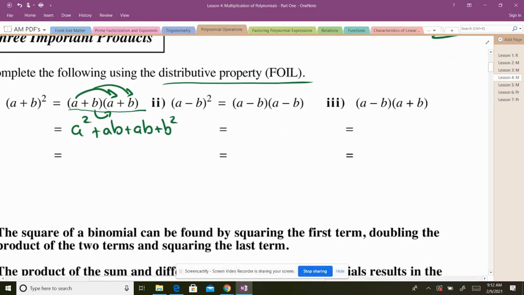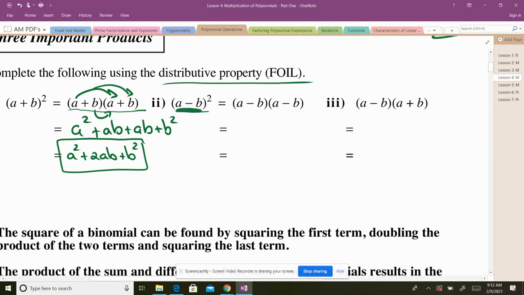Are there like terms that I can combine in there? ab and ab, which gives me 2ab. Now, leave that for a sec. We'll come back to it.